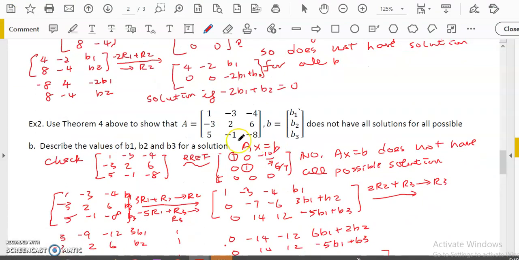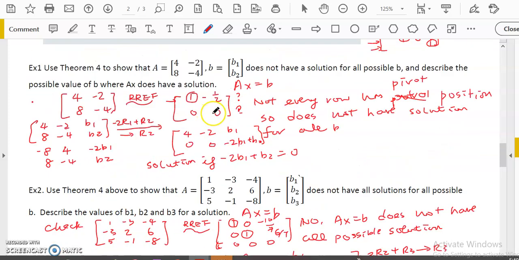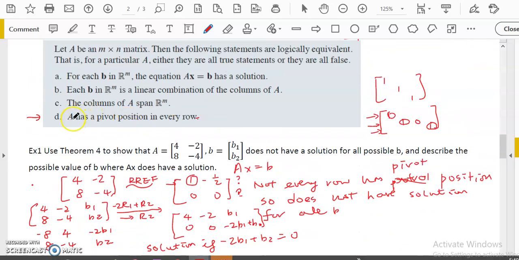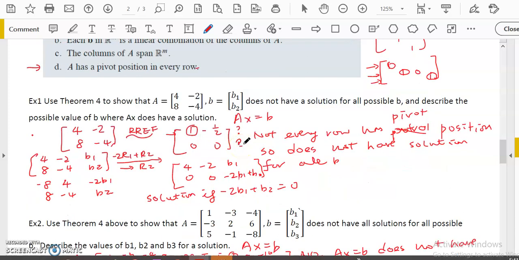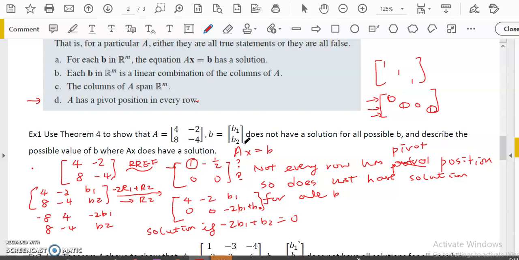So the idea is you don't have to do this, even if you don't know the other side. In the theorem, if there is a pivot position in every row, then you can have a solution for any b. All of them will have a solution. Maybe more than one, but you can always solve it.